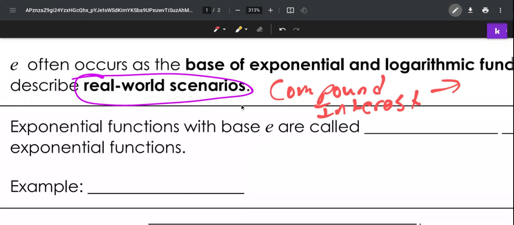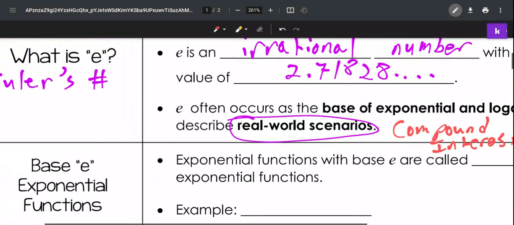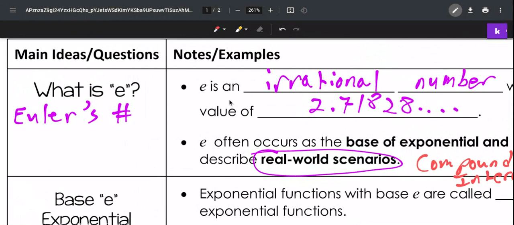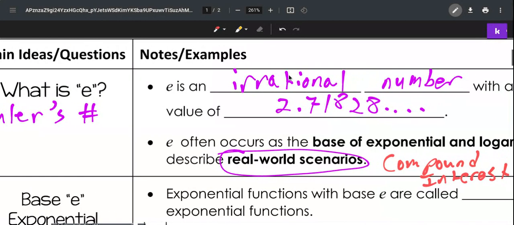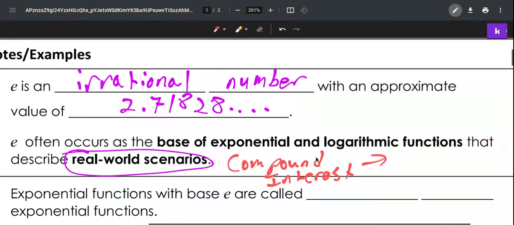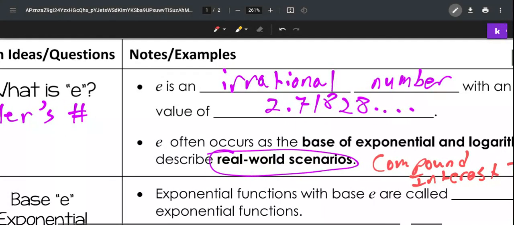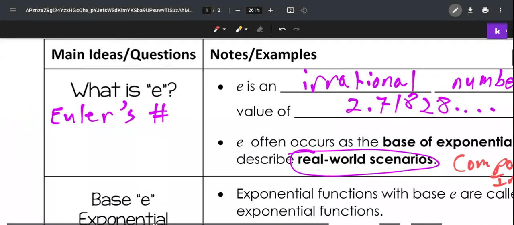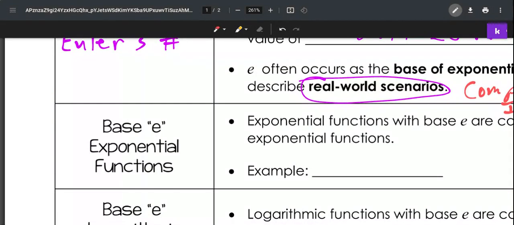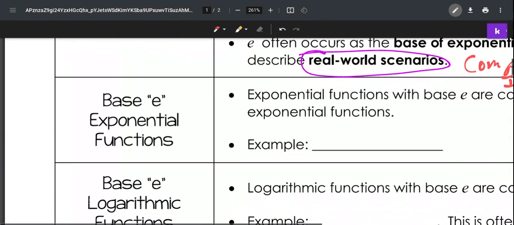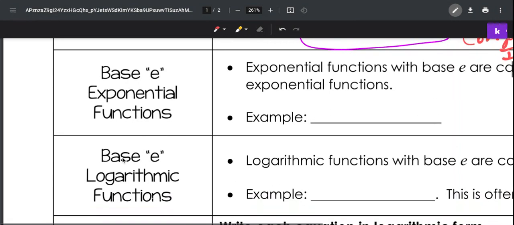But essentially, e is a constant, about 2.7, an irrational number. Typically in real world problems, we'll see it with compound interest or to show some type of growth, like an exponential growth of some sort.